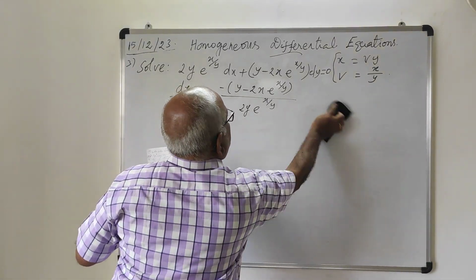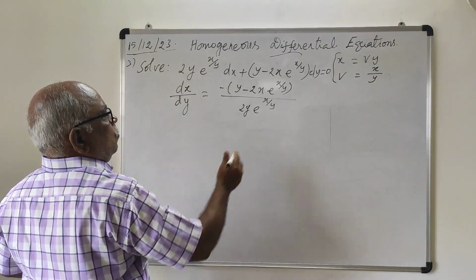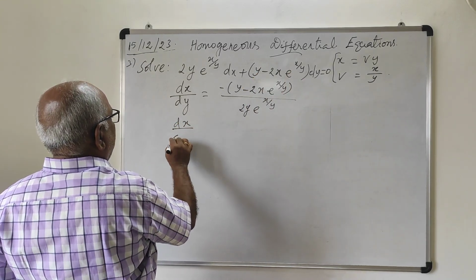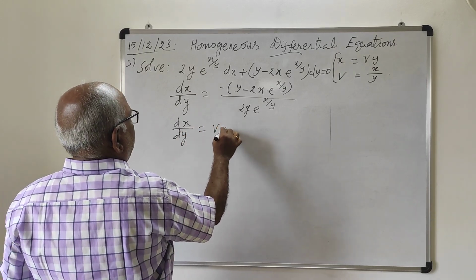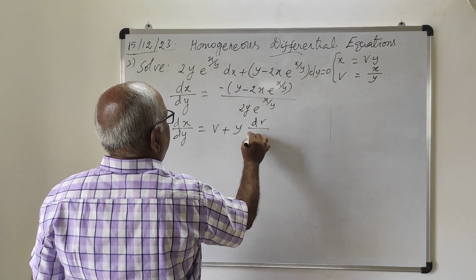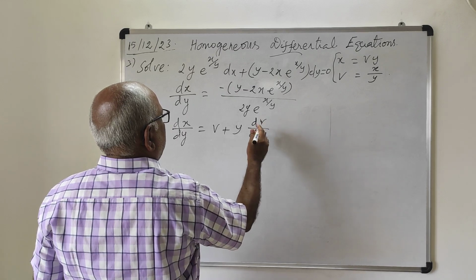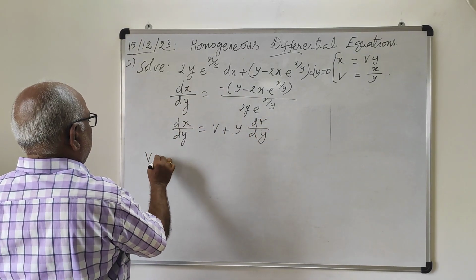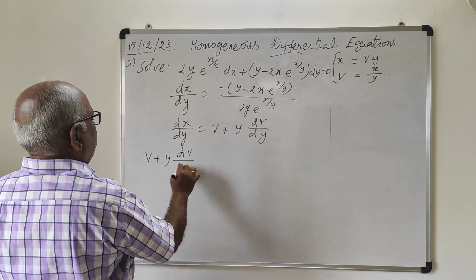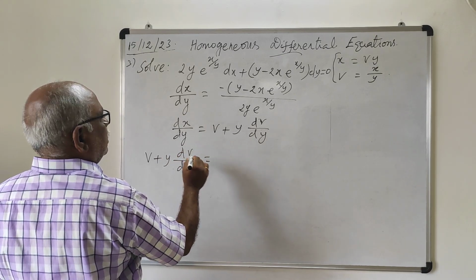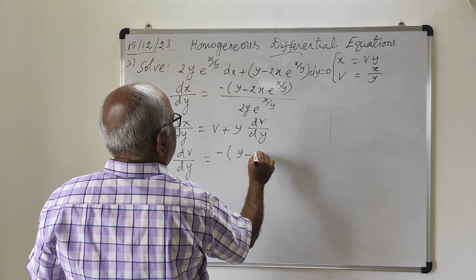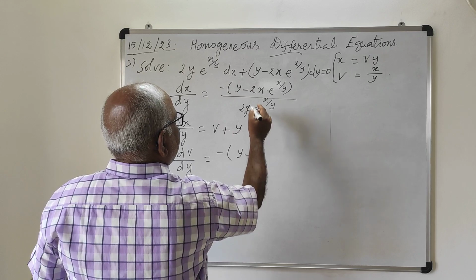Now v equal to x by y, therefore dx by dy is v plus y dv by dy. For that you replace dx by dy by v plus y dv by dy equal to minus of y minus 2x e power x by y, where x is vy.